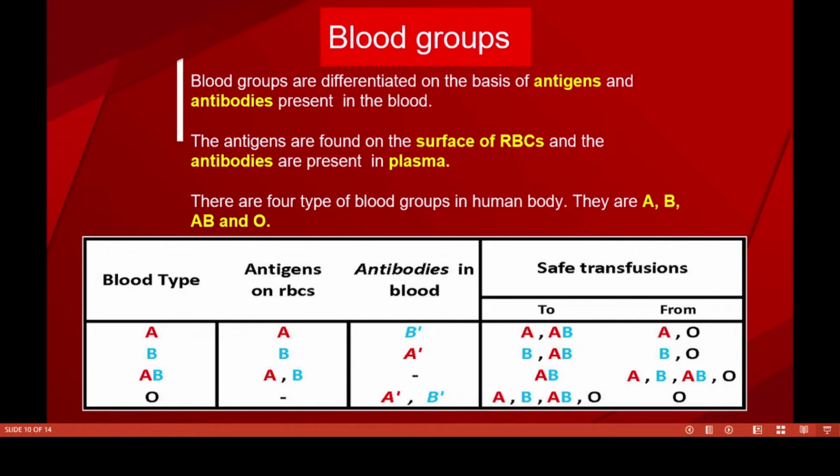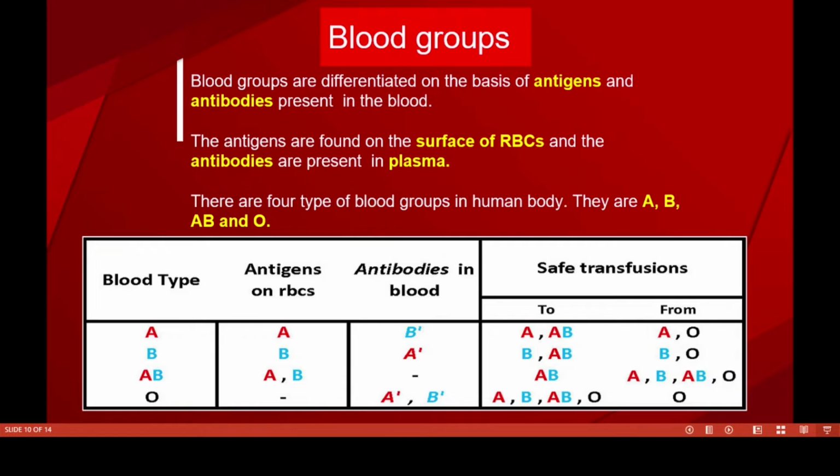If both antigens are present, the blood group is AB. If no antigens are on the surface, the blood type is O. So based on the antigens, the blood groups are categorized into four types: A, B, AB, and O.